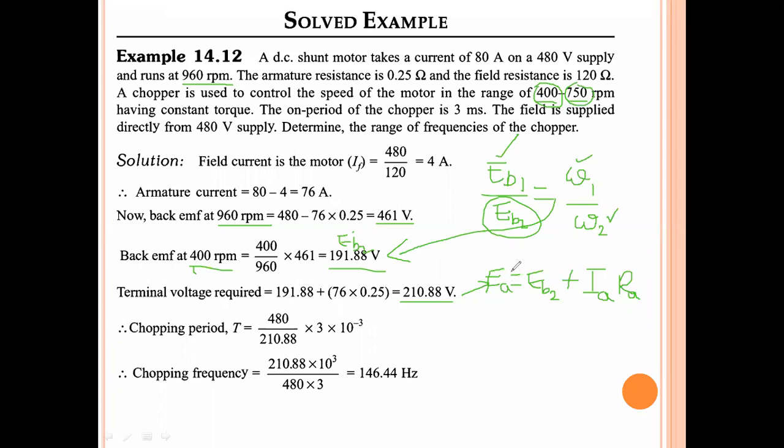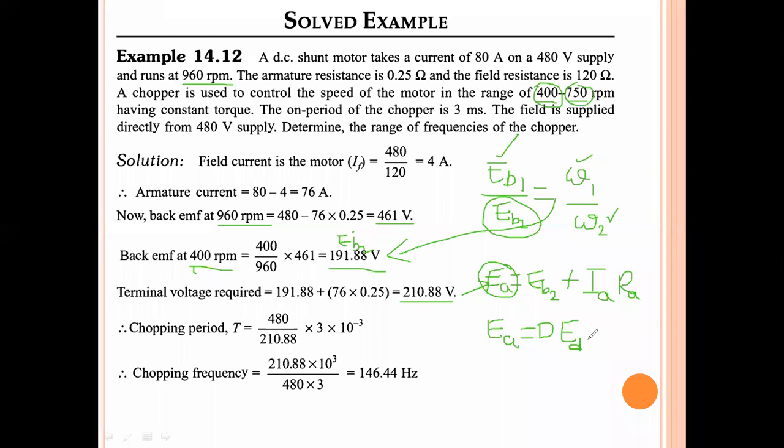Why have we calculated this EA? Because this is a chopper circuit. I told you we have derived the average equation for the chopper circuit as EA equal to duty cycle D, delta or alpha, into EDC.